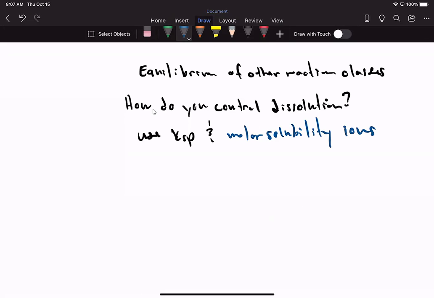And this is how we control this dissolution or this precipitation, by understanding how this works at equilibrium. At equilibrium, am I going to get a precipitate? Am I going to get some ions? Is this solid going to dissolve?